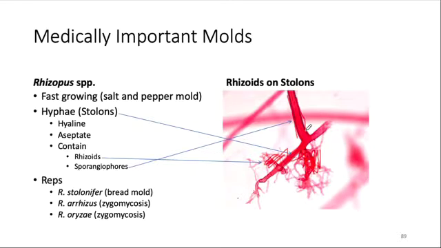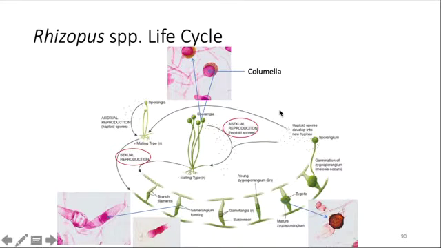Examples in terms of representatives, you have Rhizopus stolonifer, which is a bread mold, and Rhizopus oryzae. So the life cycle of a Rhizopus typically would have both asexual and sexual forms.